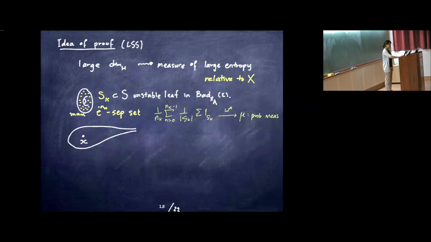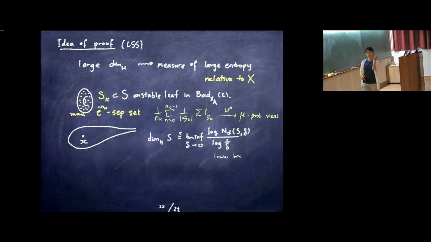Now, how is it related to the Hausdorff dimension? The Hausdorff dimension of this set S, which is the unstable leaf for the a_t flow, the diagonal flow, that lies in the epsilon bad set for XA.